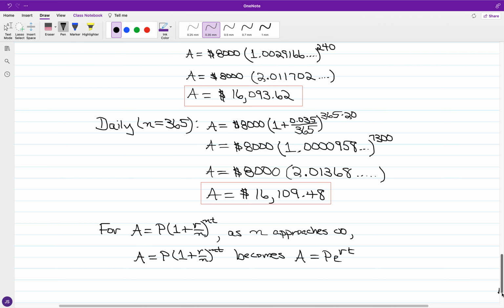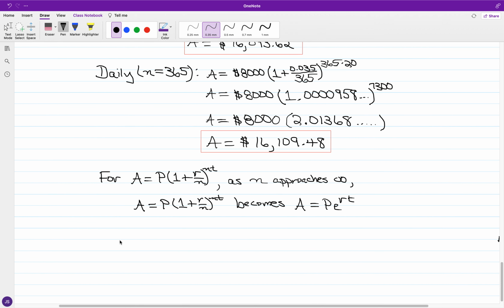So we have, with the remaining category, continuous compounding. In this particular case, you can put down either response for the N value. You can say not applicable, we don't have a finite value, or you just have approaching infinity.